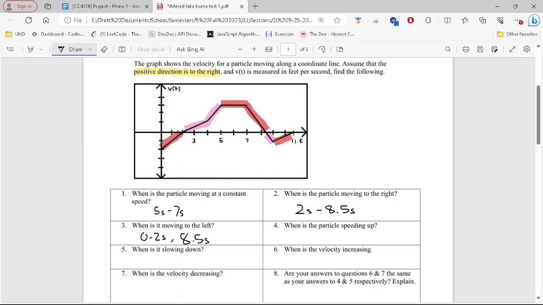Okay, so let's visualize. I'm going to go ahead and explain why. Let's visualize what's going on here. Right here at this point, your velocity is -2 feet per second. So let's imagine that you're going this way, -2 feet per second, and then all of a sudden your velocity becomes 0 feet per second. Over 2 seconds, it becomes 0 feet per second. It goes from -2 to 0.